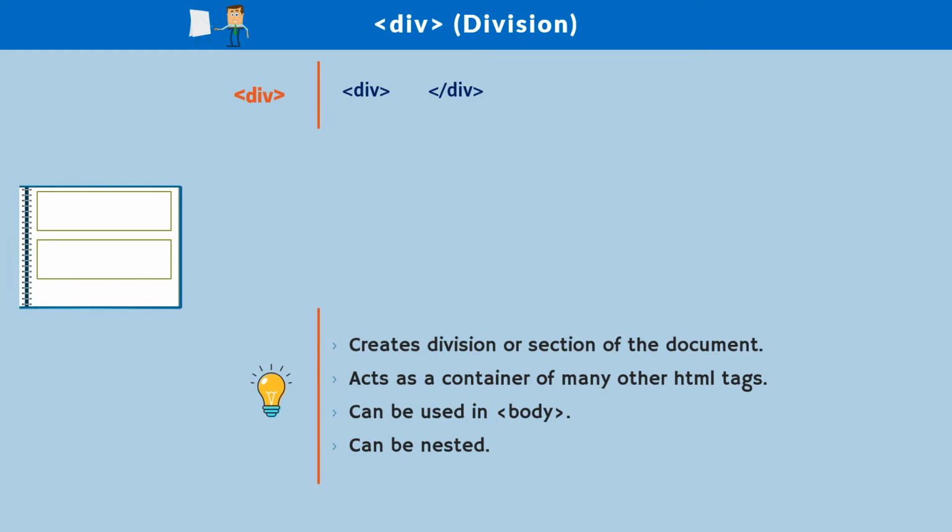So the div tag can be used inside the body and also can be nested. In a large web page, you can place any number of div tags and you can place other div tags inside each div tag. Thus, you will form meaningful parts of the page which help the developers to separate each section of the web page.